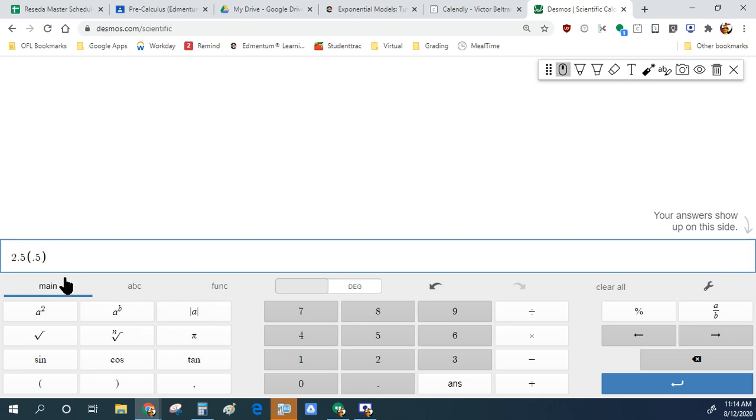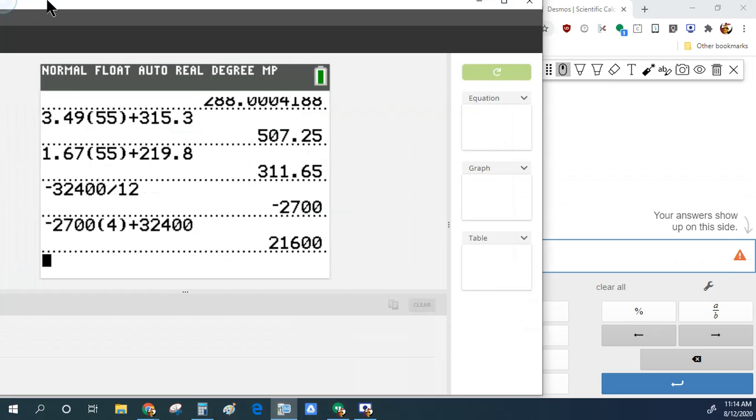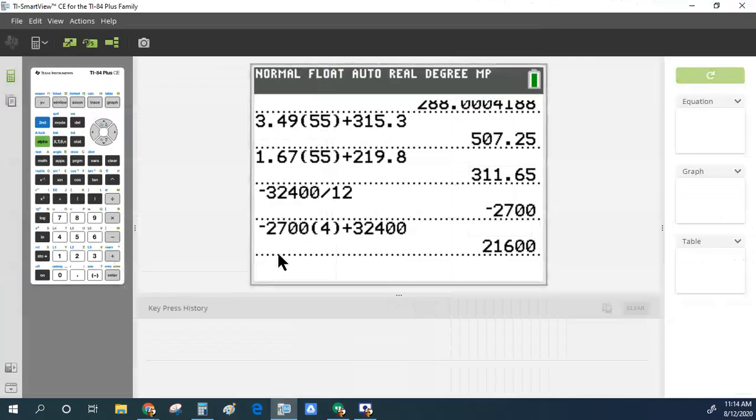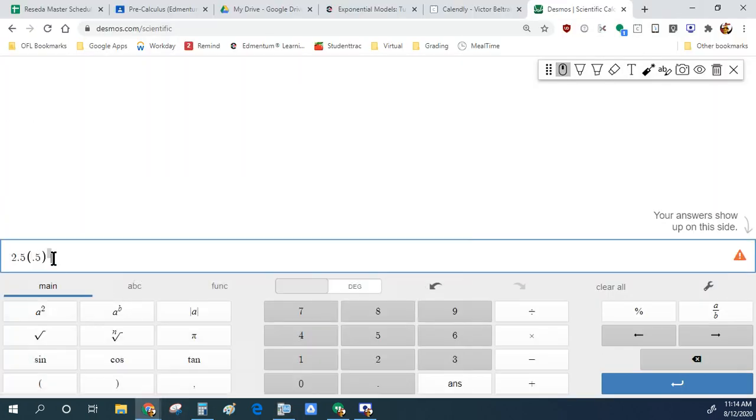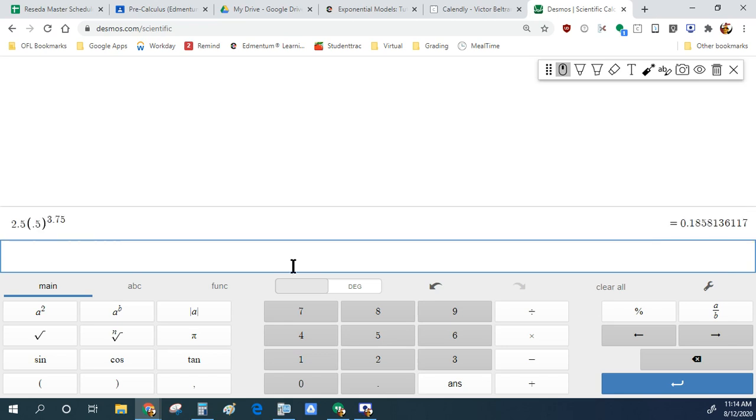They want an exact number. You can't put a fraction in here. So I would recommend trying to find a more accurate calculator. You could do 30 divided by 8, which is 3.75. So you can just set the exponent to 3.75, and that should give you the answer right there.